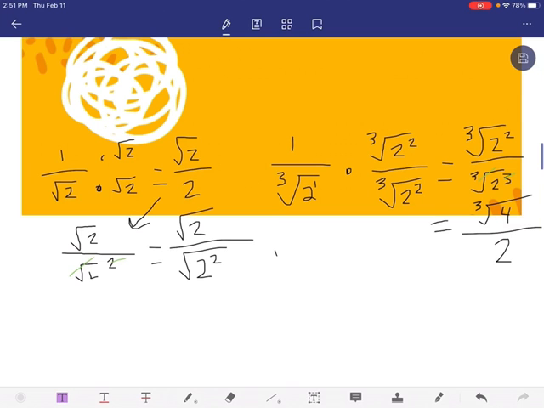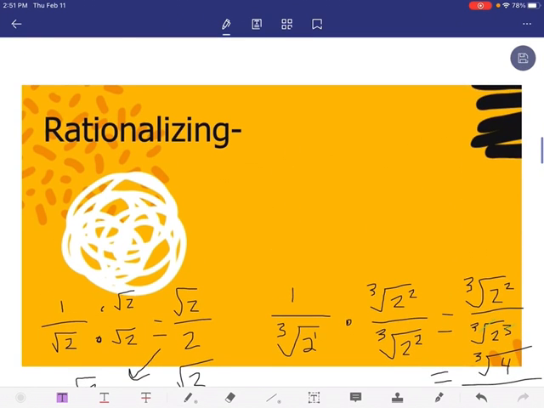So in general, what I'm doing is asking, what am I missing to get to my index? Because your index is the number that we need to get to, because that's what's going to allow us to reduce. So in general, if I have something that looks like 1 divided by the nth root of b to the x power, we need to multiply by something on the top and the bottom.